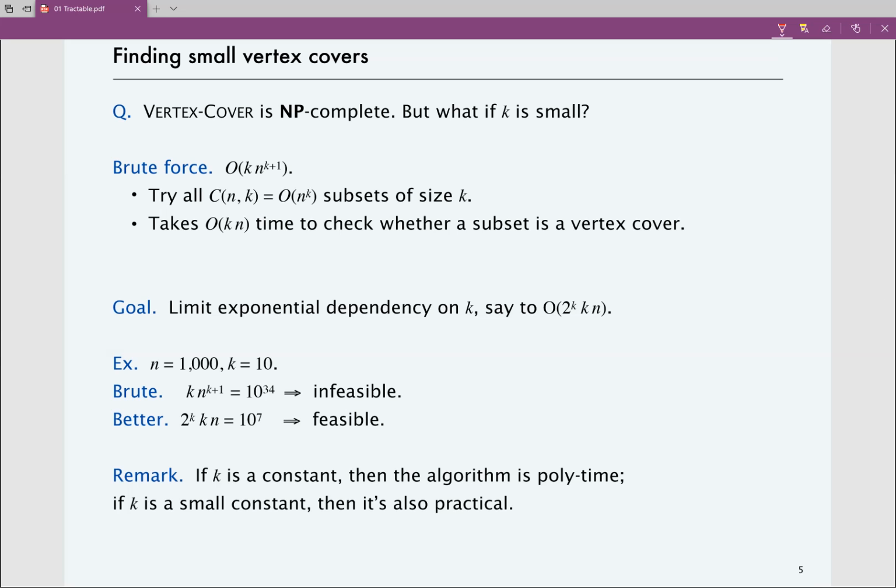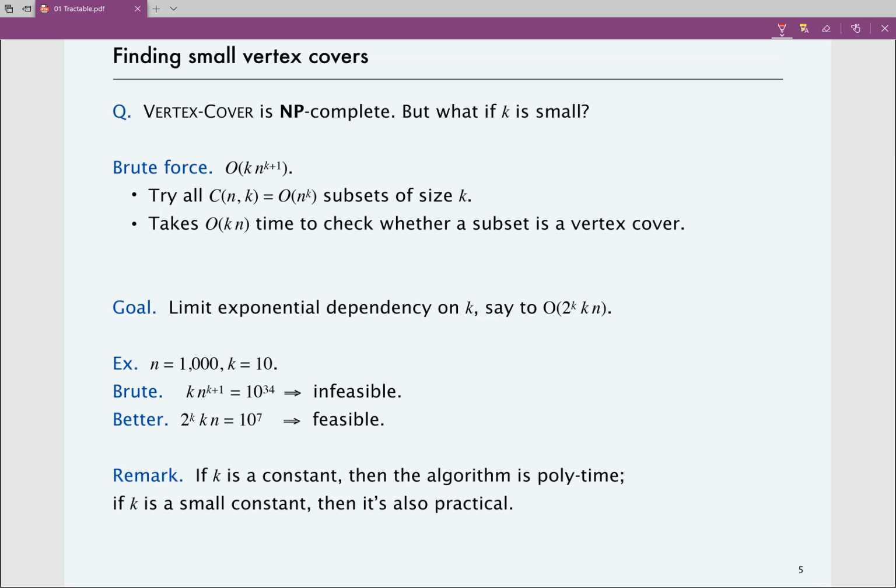And the complexity for this brute force approach would be that, well, first of all, we need to consider all subsets of size k. Okay, so the number of subsets is going to be n choose k, right? And this is going to be order of n to the kth power. And then for each of these subsets, we need to take order kn time to check whether that subset is a vertex cover or not, right?